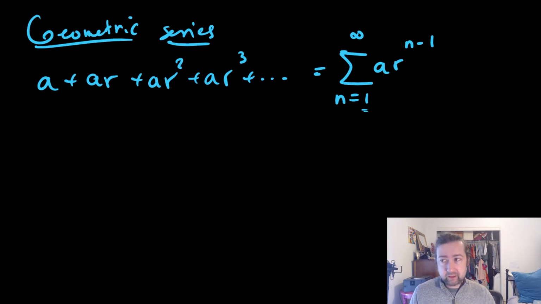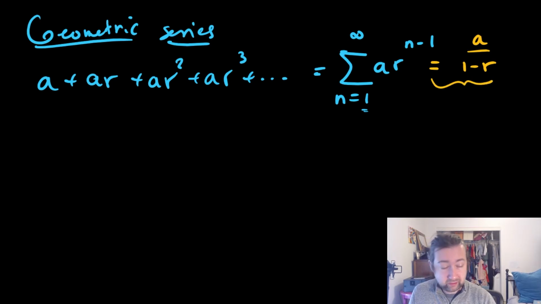Now, one of the big deals here is that as long as I'm working with finite sums, I can do algebra on these things. And so we can actually discover a formula for what this adds up to. At some point you probably learned that if this series converges, it converges to a over 1 minus r.